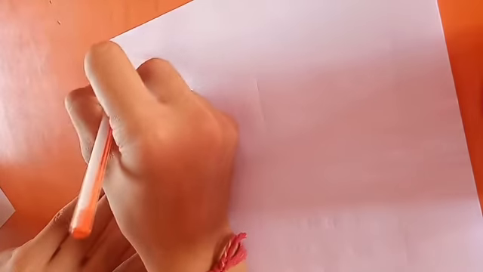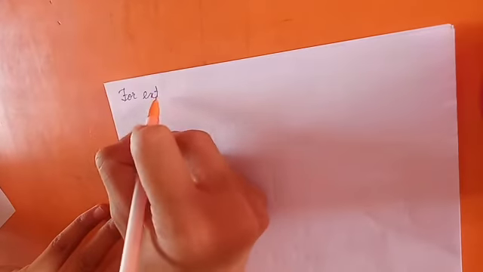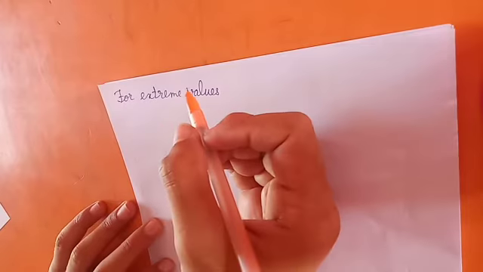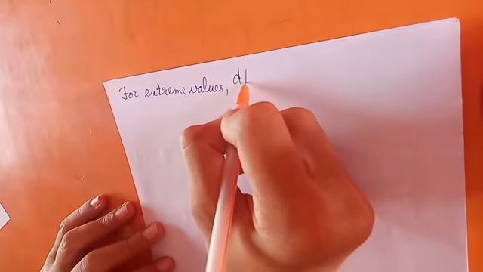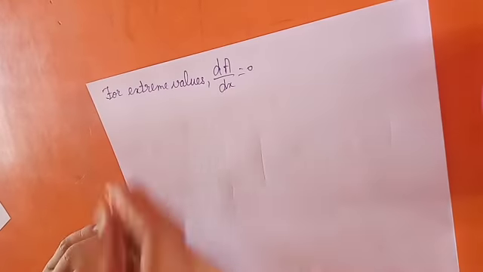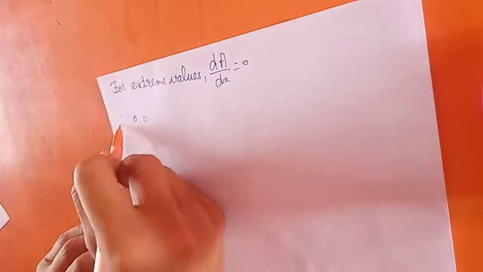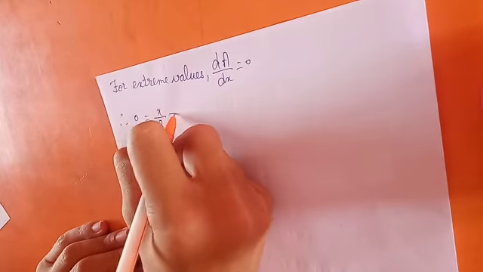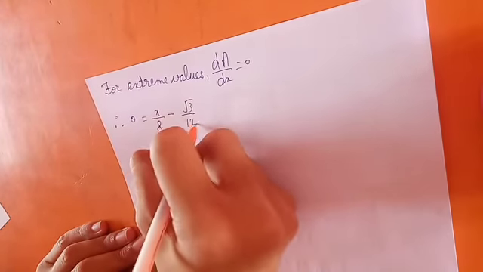Now for extreme values I have to put my dA by dx as 0. So therefore 0 is equal to x by 8 minus root 3 by 12.